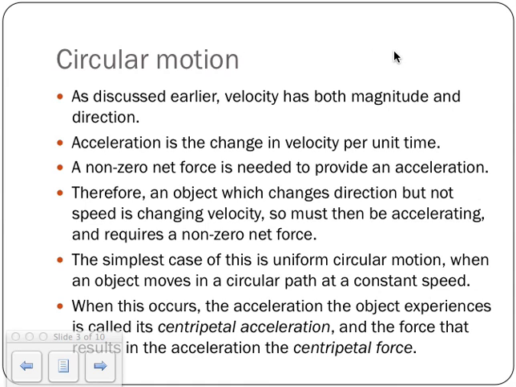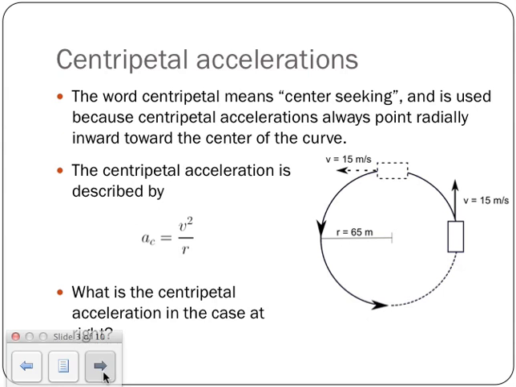Let's take a little more look at that centripetal acceleration. The word centripetal you can break into two parts: centri, which is center, and petal, which means seeking or going towards the center. It's used because centripetal accelerations always point radially inward towards the center of the curve.